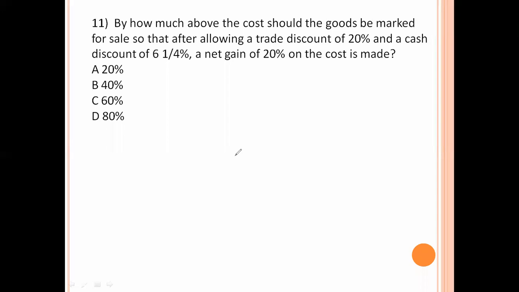By how much above the cost should the goods be marked for sale so that after allowing a trade discount of 20% and a cash discount of 6.14%, a net gain of 20% of the cost is made? So here marked price is X into this marked price, 80% after discount is given.